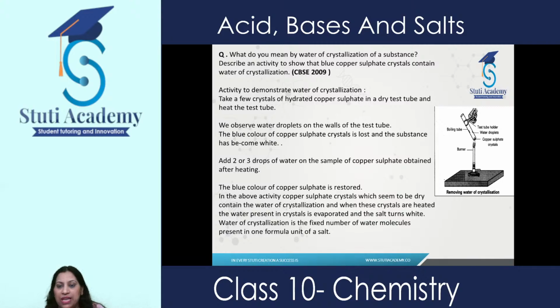With the help of this activity, like in a test tube, when you take copper sulfate crystals which contain some water, which is blue in color, and when we provide heat, the water molecules start evaporating and collect in the form of water vapors in the test tube, which leaves behind white color anhydrous copper sulfate.